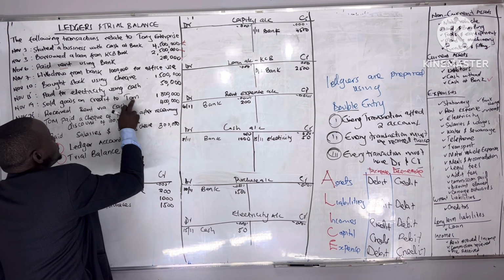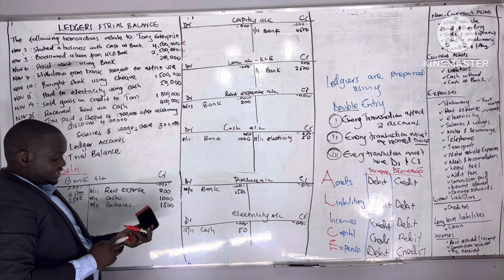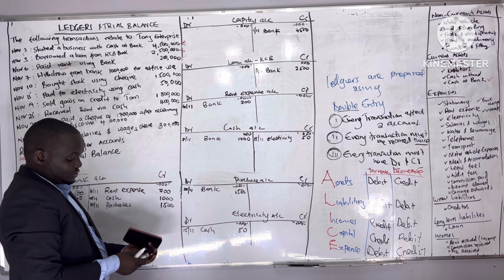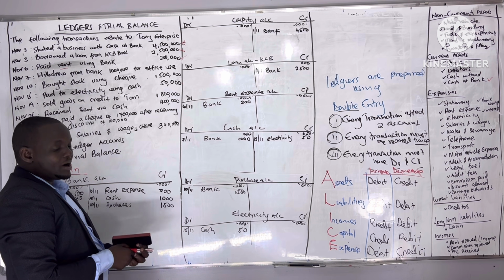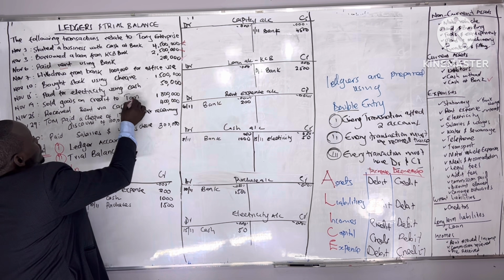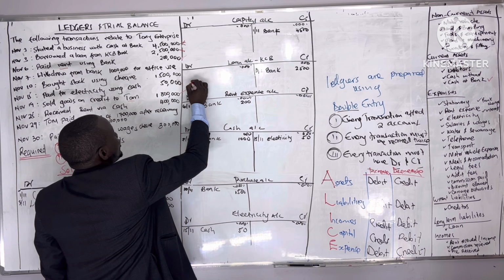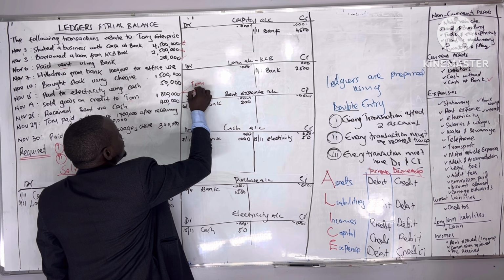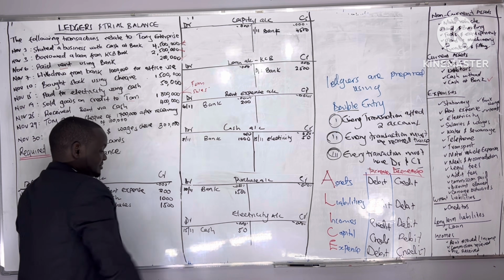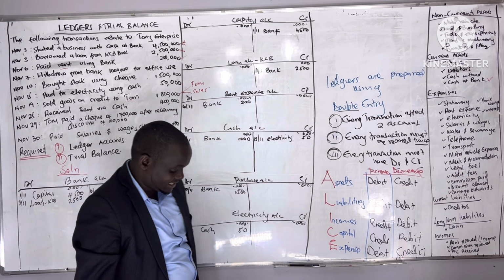Sold goods on credit to Tom. When we sell goods on credit to Tom, the two accounts being affected are Tom, the person receiving the goods, and sales.